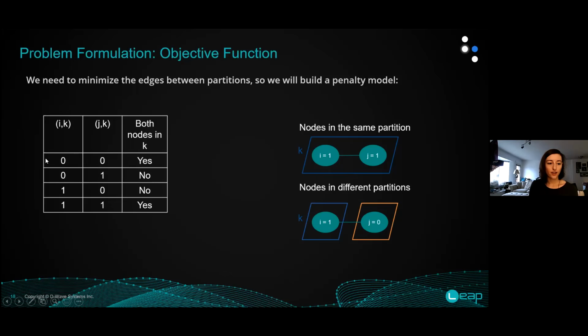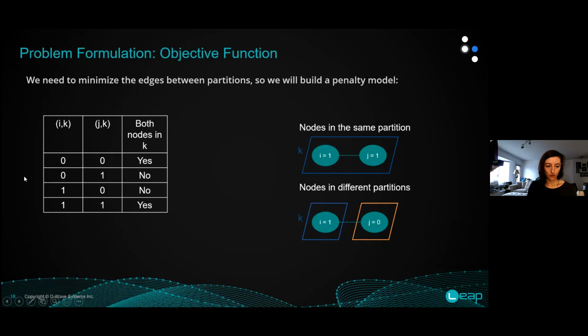In the first and the fourth row, you'll notice that x_ik and x_jk have the same value. They're either both 0 or they're both 1. What that means is that both nodes are in the same partition. This is the case that we like. It doesn't negatively impact the objective at all.